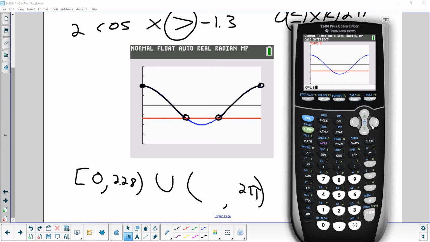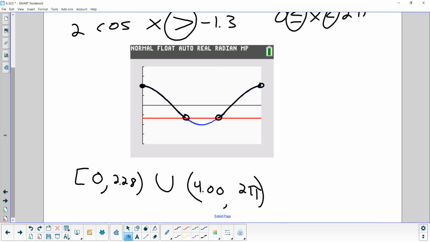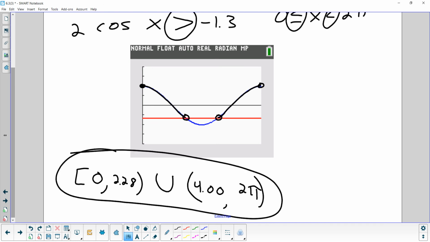Calc intersect. Second calc intersect. I do need to move my cursor. And 4.00. And that is how you write the answer. Questions on that?